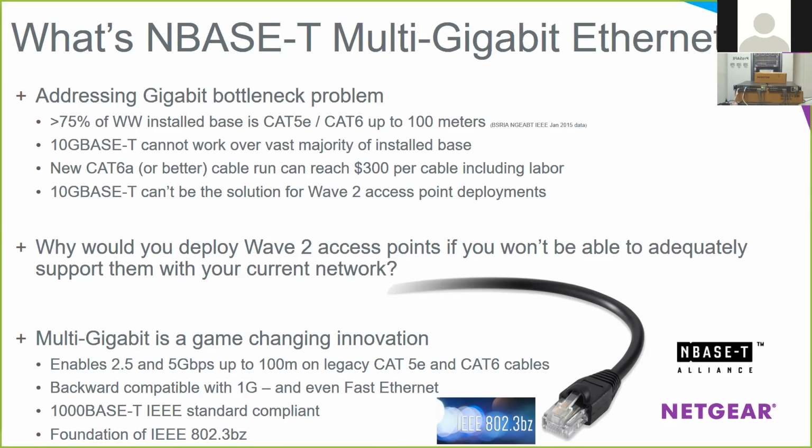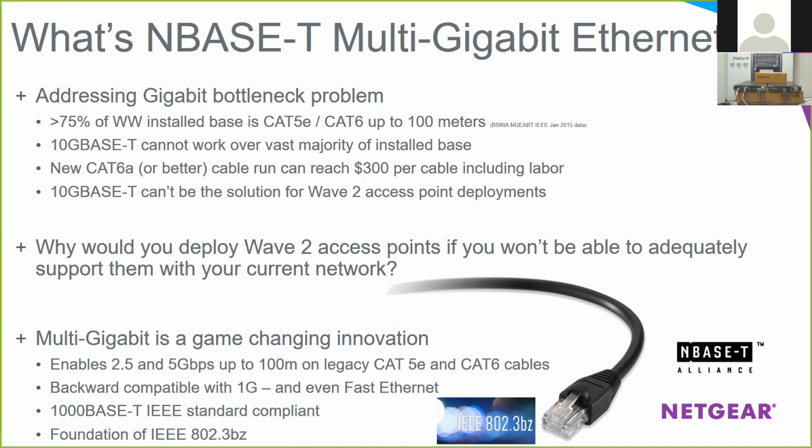In most installations, we don't find Cat6a, because Cat6a is the one required for a 100 meter run of 10GBASE-T. Because of that wiring situation in terms of installed base in the US, in Europe, and the rest of the world, it was necessary to come with a new speed able to leverage Cat5 and Cat5e installations that are everywhere in every building.